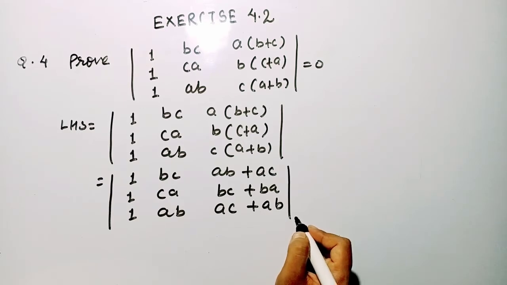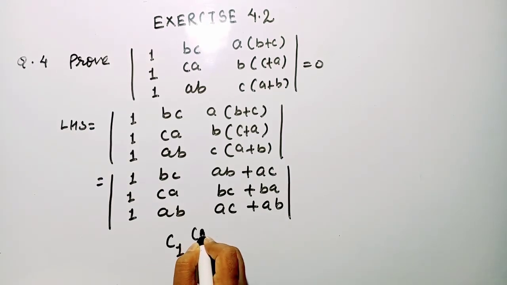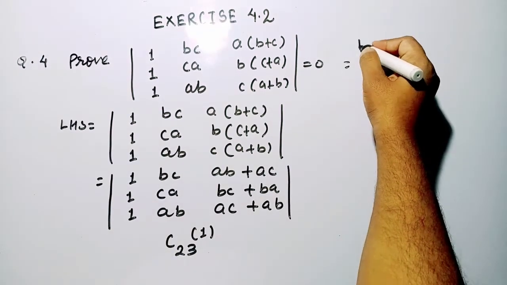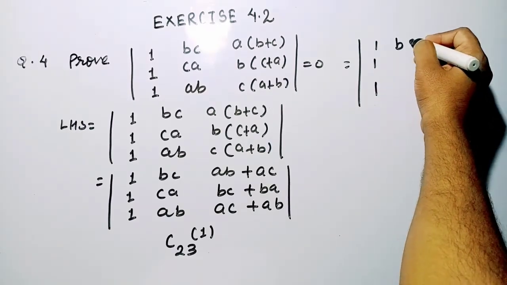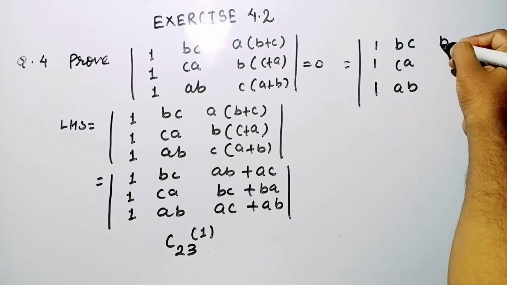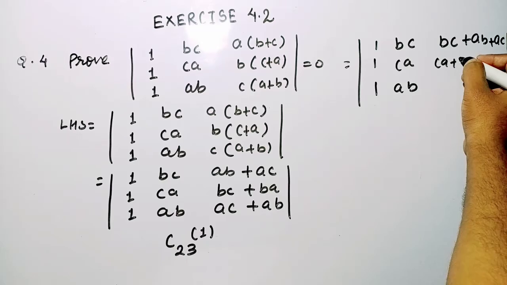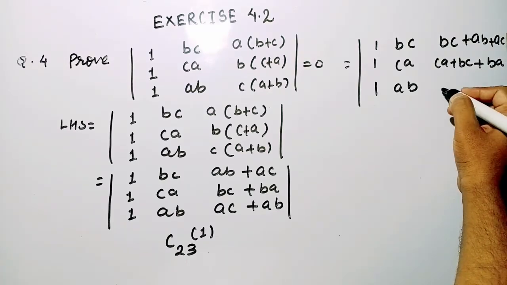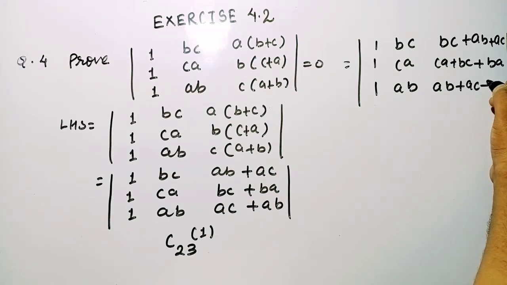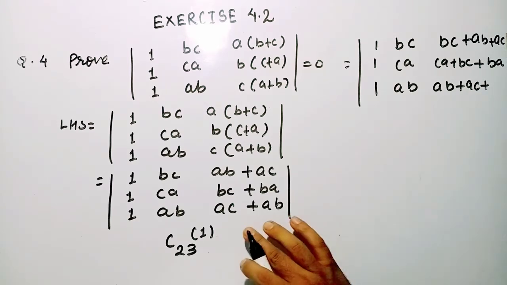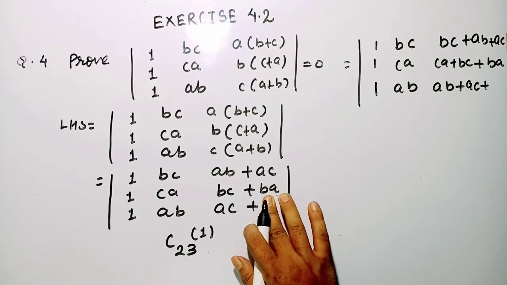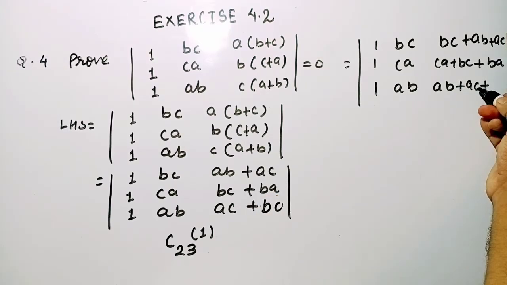Now performing C2 multiplied by 1 and added to C3, we get 1, 1, 1, BC, CA, AB, and in the third column AB plus BC plus AC, and similarly for the other rows. Just a correction over here, students: here there will be BC. Don't worry about that.